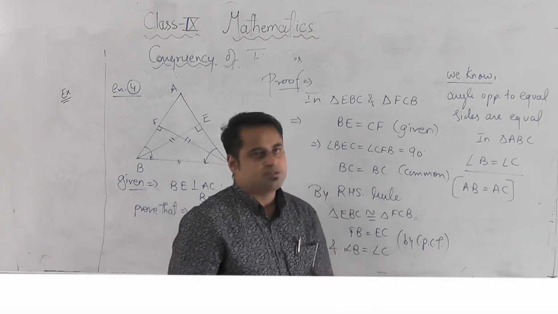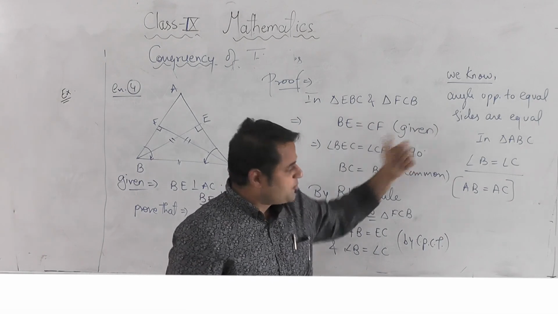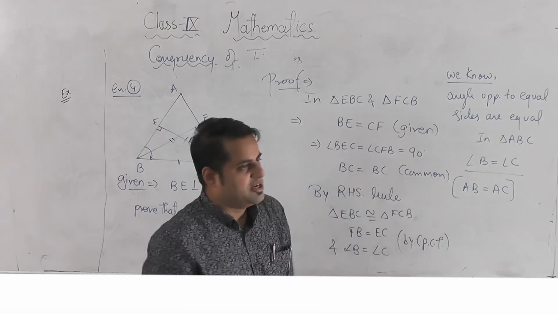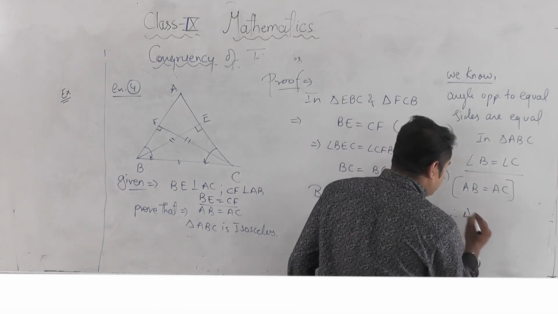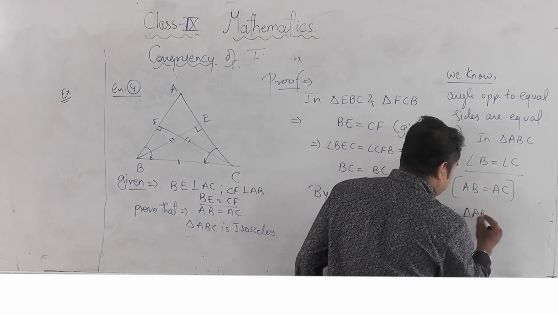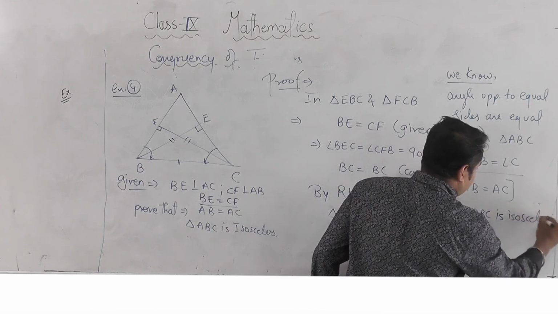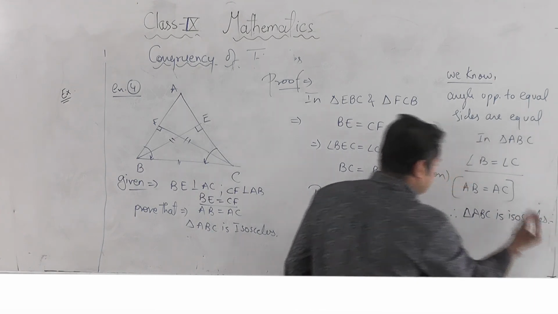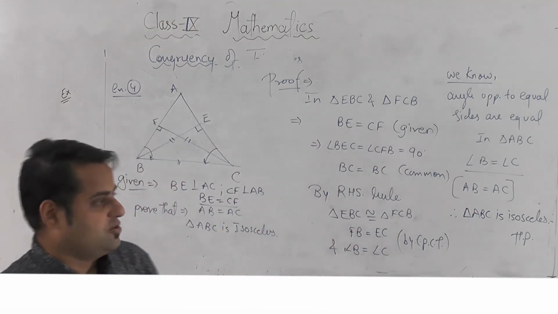This only happens because of the isosceles property. So by that converse property, we can say that AB and AC are equal, and since AB and AC are equal, therefore the triangle ABC is isosceles. So sometimes we need to prove statements like this also, the converse theorem. So we just apply that converse theorem.